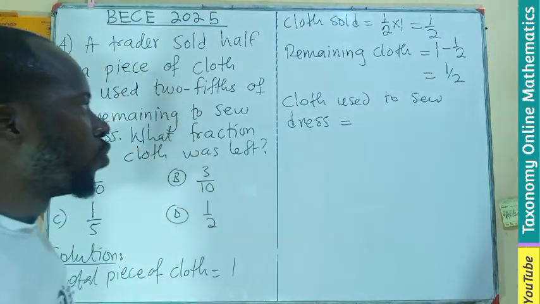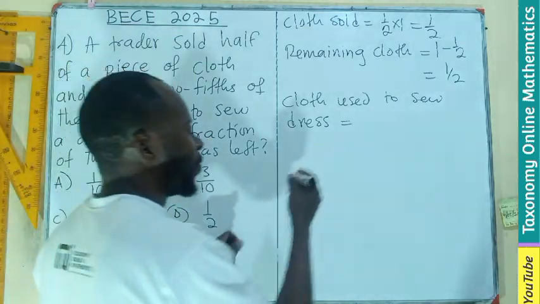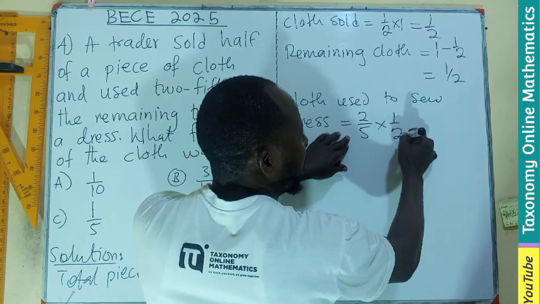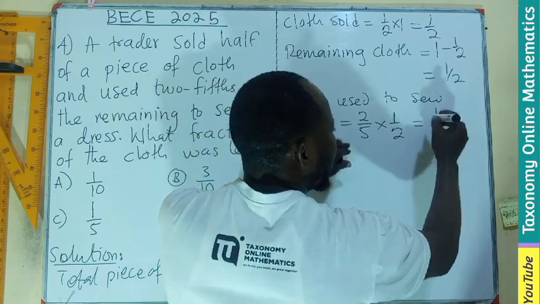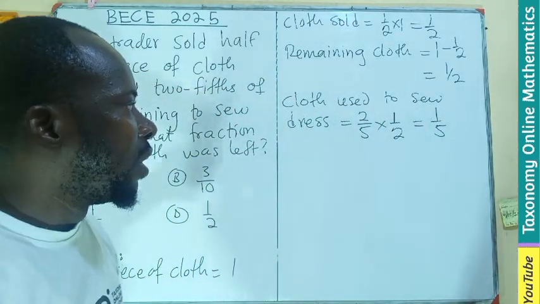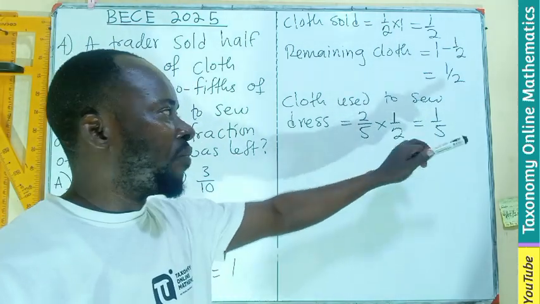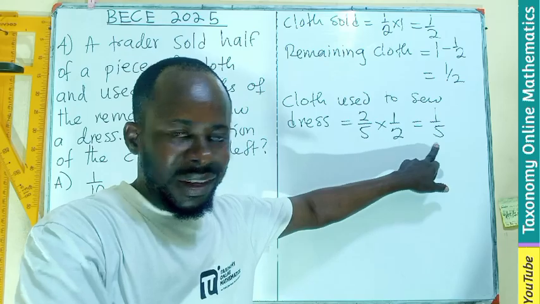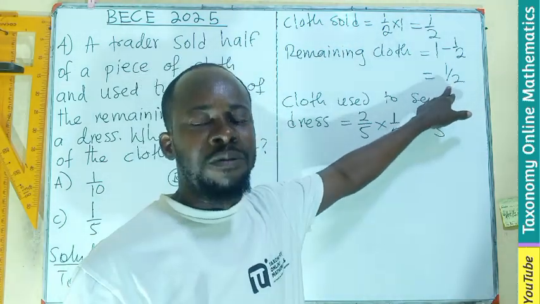So the cloth used to sew the dress is going to be two-fifths, meaning two-fifths of what is remaining, and that is going to be what? 1/5. So this is gone. 1/5 is going to be used to sew a dress out of half.